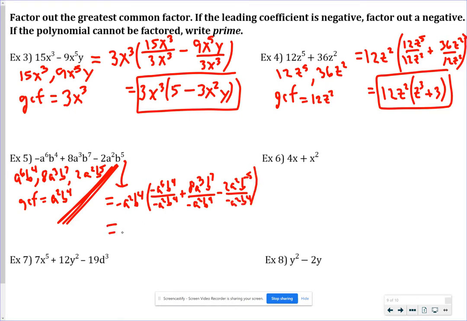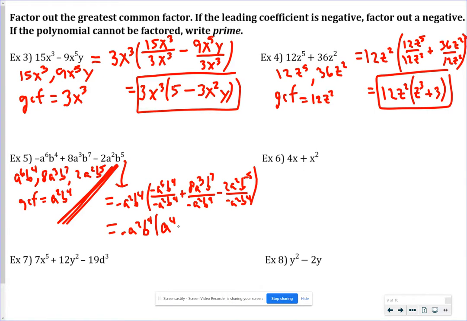Okay, so a little simplifying. So we've got negative a squared b to the 4th times negative divided by negative is positive, and a to the 6th divided by a squared is a to the 4th. B to the 4th divided by b to the 4th is 1. We're good.